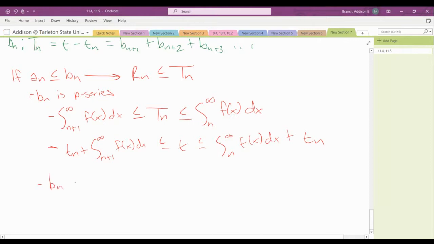But if B is a geometric series, then we can say that our remainder is just going to be the sum of the geometric.